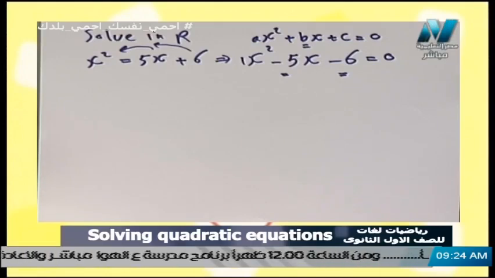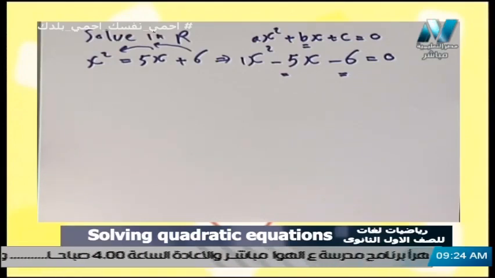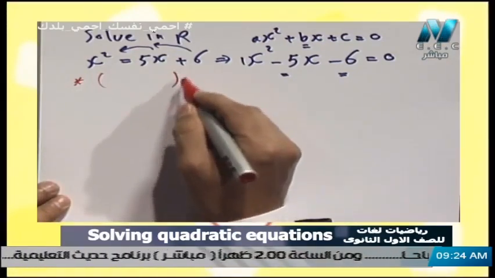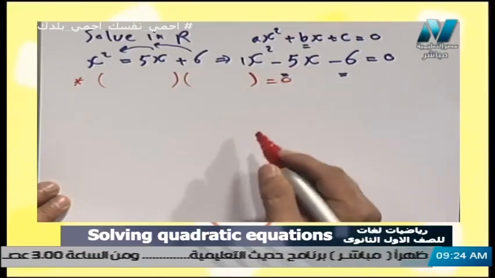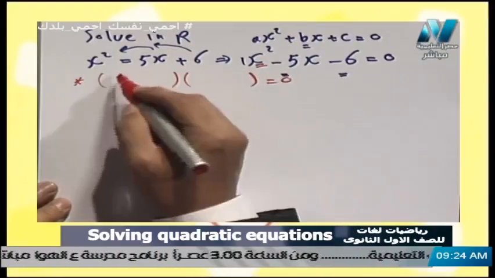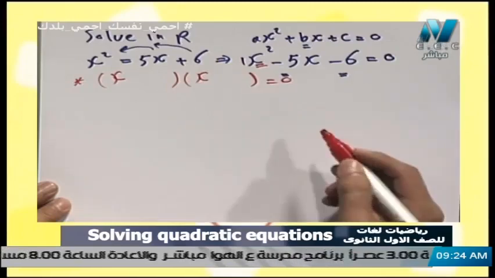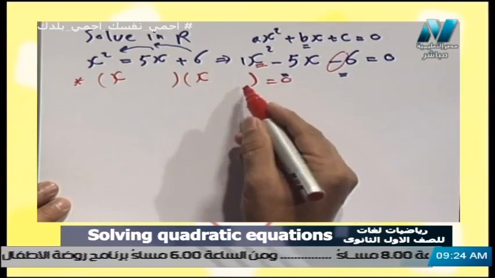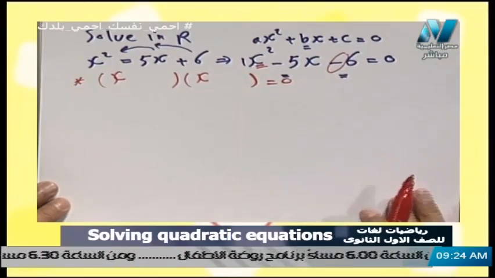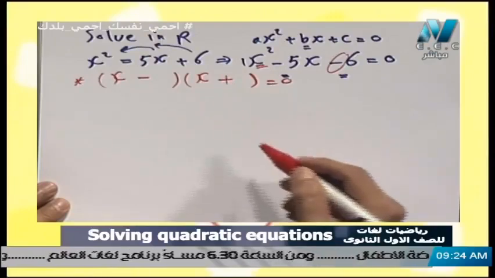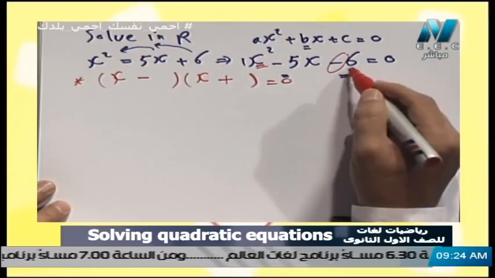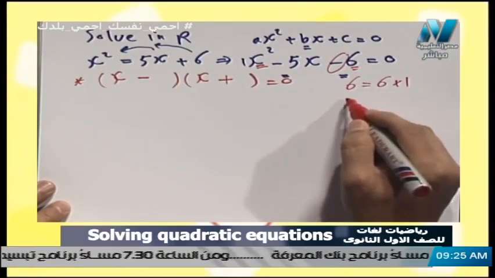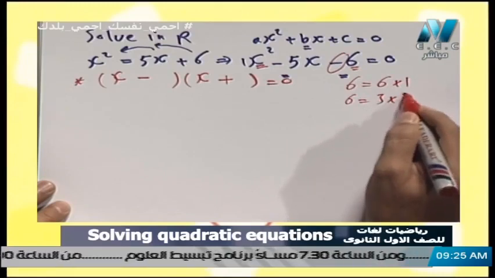Okay, we have two methods to solve this equation. First method, which is factorization. We have x power 2, factorize it as x multiplied by x. We have here negative. Negative means positive multiplied by negative, or negative multiplied by positive. Here we can put negative multiplied by positive. Okay, 6 here can be 6 multiplied by 1, or 3 multiplied by 2.